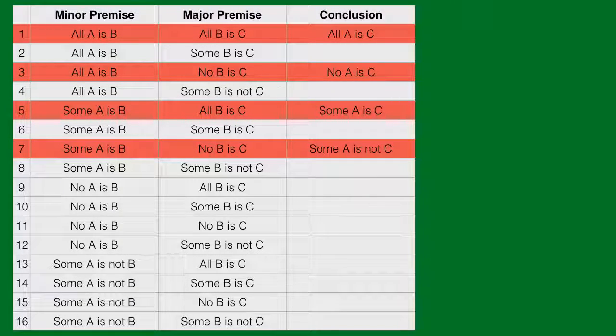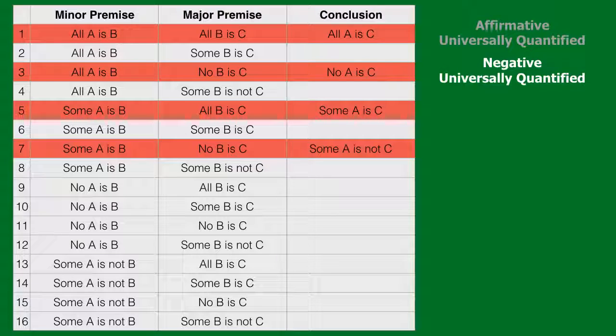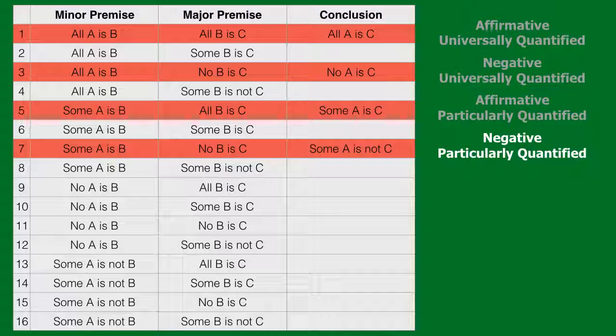If you look at them, the conclusion of the first of these 4 modes is affirmative and universally quantified: All A is C. The conclusion of the second concluding mode is negative and universally quantified: No A is C. The conclusion of the third concluding mode is affirmative and particularly quantified: Some A is C. And the conclusion of the fourth concluding mode is negative and particularly quantified: Some A is not C.